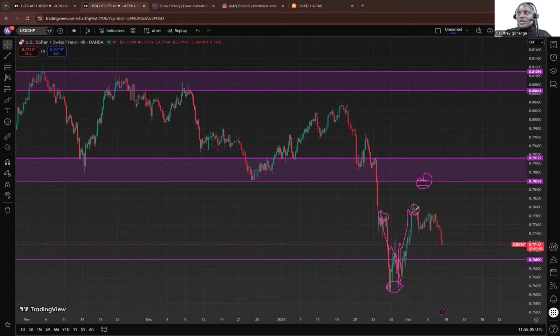Then now we have a drop to the downside, all the way back down to 0.76100 areas, based off these lows. So we have that. Let's wait and see how price gets to react to this. All right. So we have that on USDCHF.